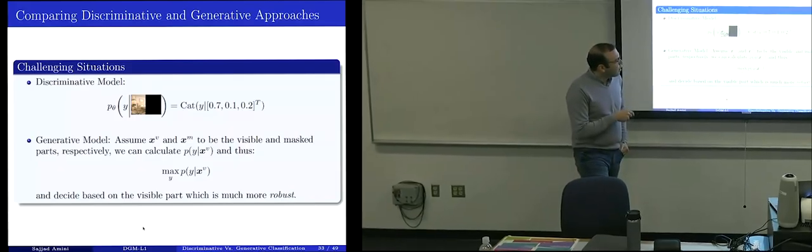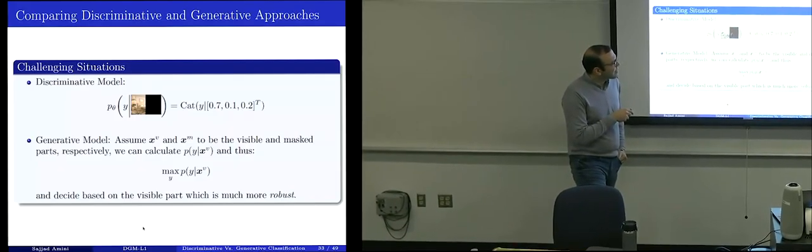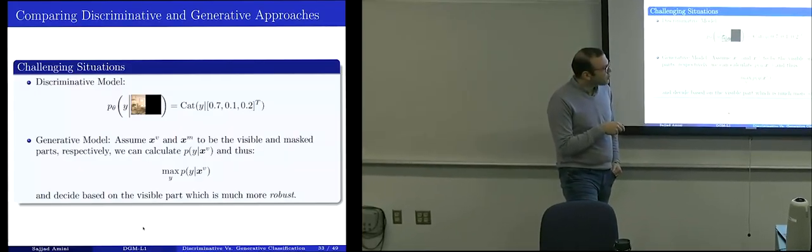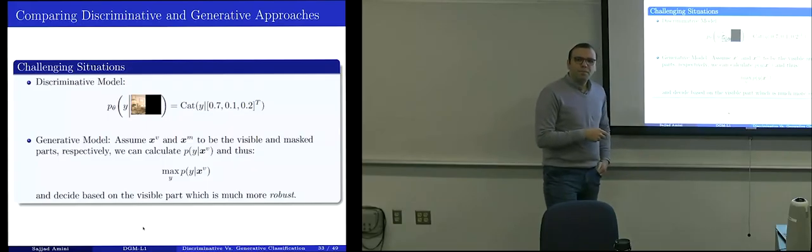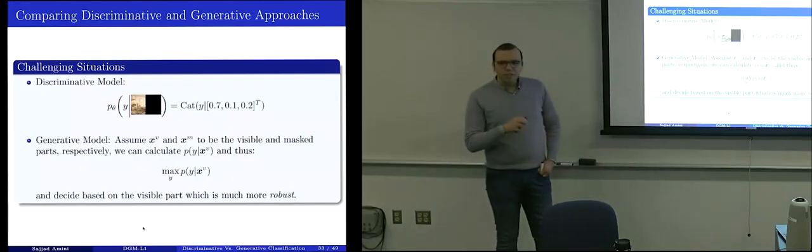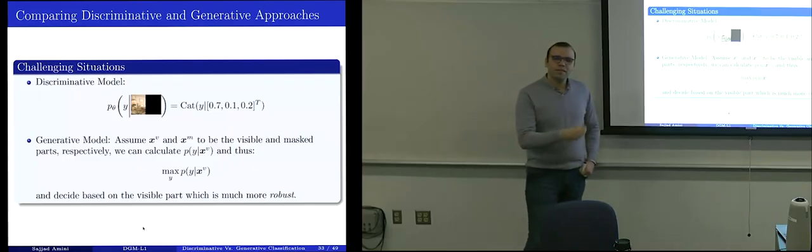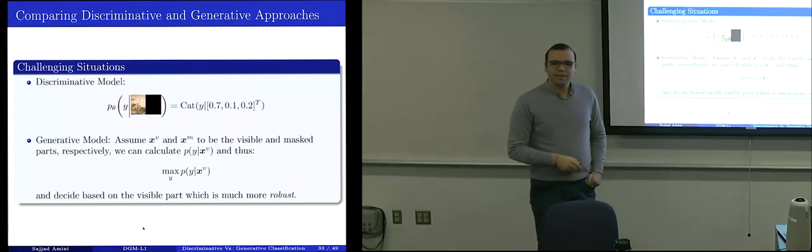So I do not enter these masked pixels in my decision, and it is much more robust than the above. How do you do that? This part is the result of marginalizing out the masked part, but at the end of this course, you can easily do these types of tasks.